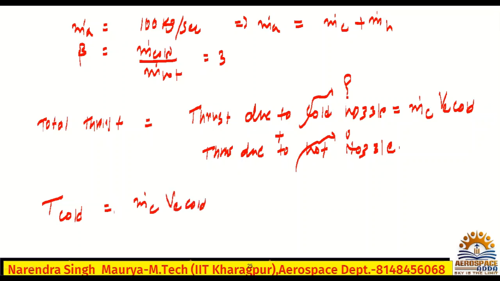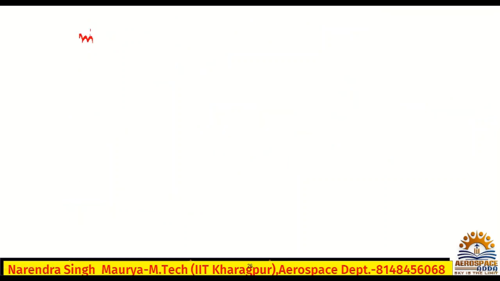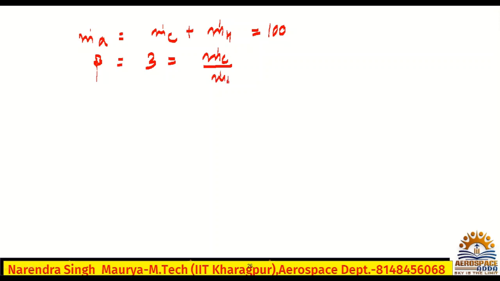Now we need to calculate m dot c. We have the relations: m dot a is equal to m dot c plus m dot h, which is 100, and beta, which is given as 3, is m dot c divided by m dot h. Equation 1 and equation 2.